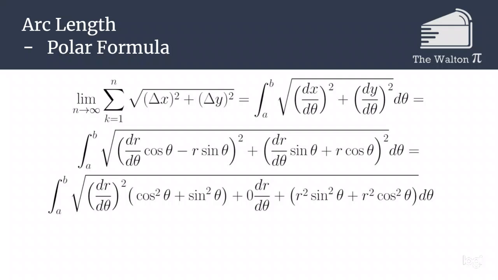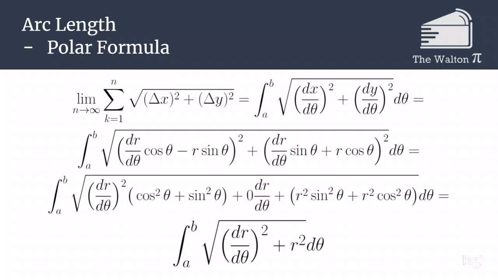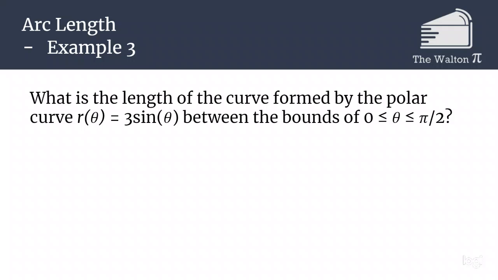And so what we are left with is dr d theta squared times cosine squared theta plus sine squared theta plus r squared sine squared plus r squared cosine squared, all under the square root, and that can simplify down to just the square root of dr d theta squared plus r squared, times d theta. And so this is going to be our equation that we are going to use whenever we need to calculate the arc length in polar coordinates.